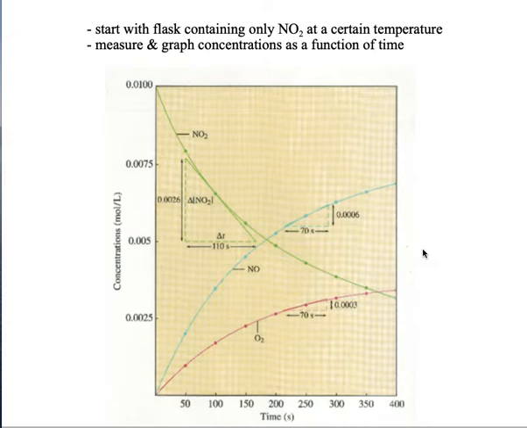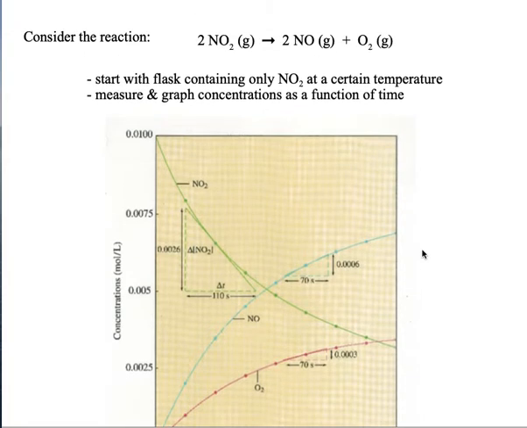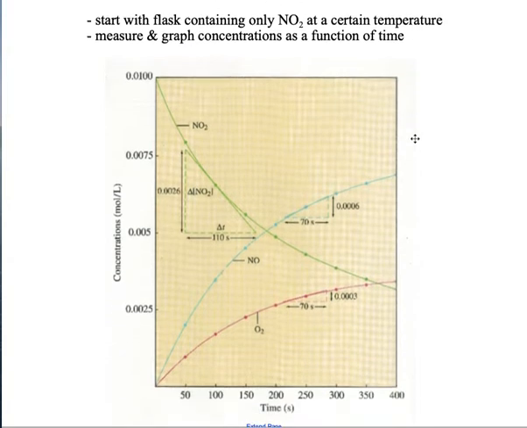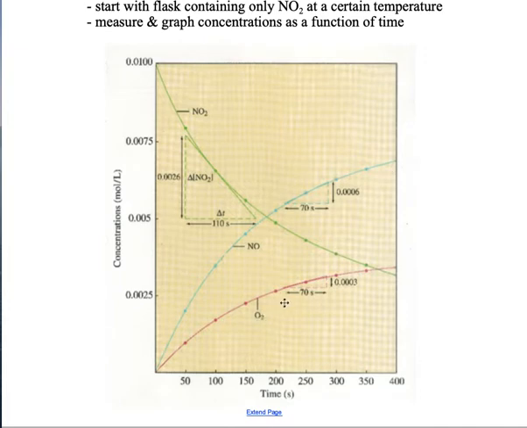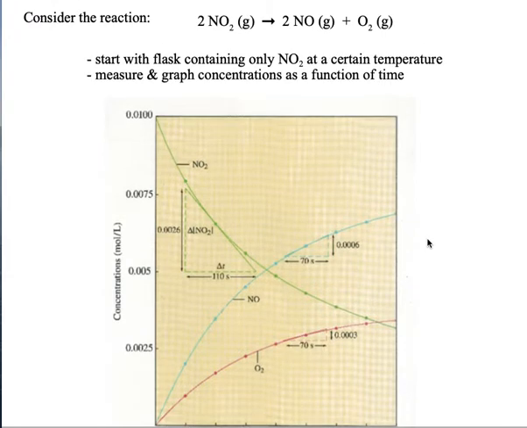What you'll notice is that the curves showing the decrease in concentration of NO2 and the increase in concentration of NO are inverses of each other, and that makes sense because NO is being formed at the same rate that NO2 is being consumed. We also see that the rate of production of O2 is only half as great as the rate of production of NO, and that's because of the stoichiometric coefficient.